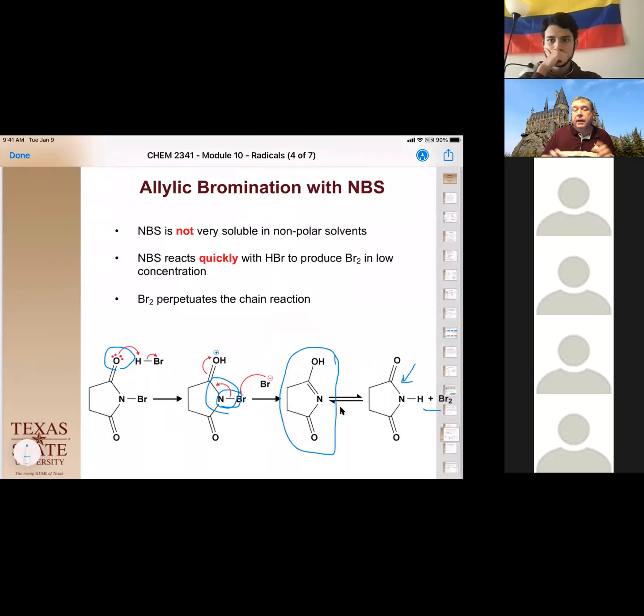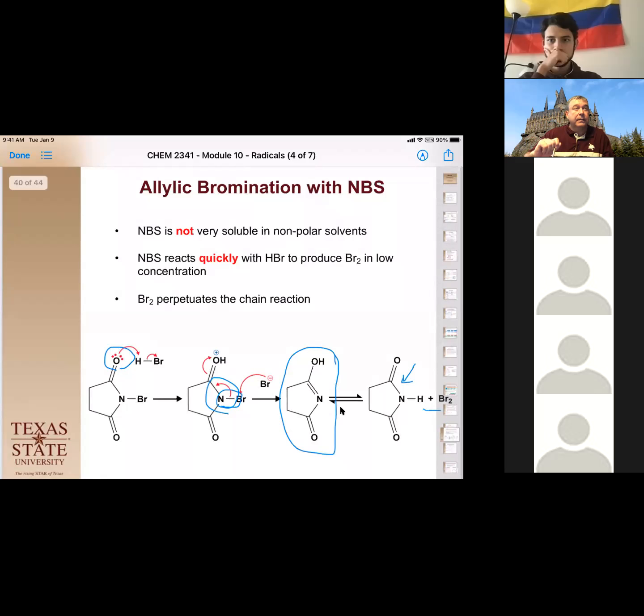Allylic bromination, again, it's much more selective because of its higher activation energy, but less enthalpy. And that gives us an ability to create that allylic one, but we do have a side product if you have bromine in large amounts around. So we eliminate that by going to the use of N-bromosuccinimide.